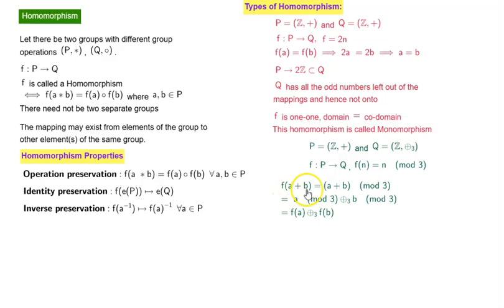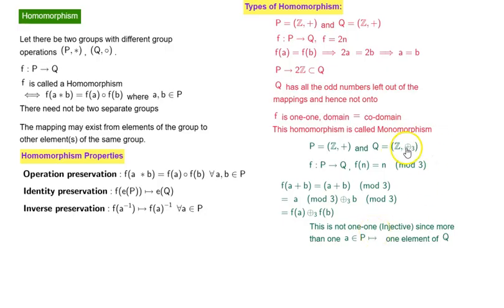So here F of A plus B is equal to A plus B mod 3, which can be written as A mod 3 addition modulo 3 B mod 3, which is equal to F of A addition modulo 3 F of B. So again, F is a homomorphism, but in this case, it is not 1 to 1.